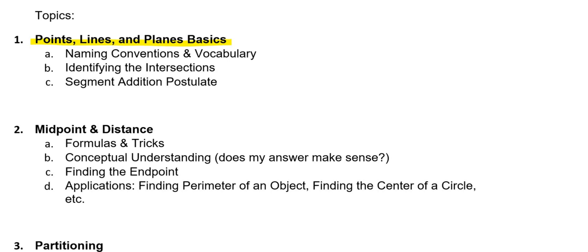You have to know the vocabulary. Additionally, you have to know what happens when these things intersect. So, identifying the intersections. Does it form a point? Does it form a line when they cross? And lastly, the segment addition postulate is a big concept in points, lines, and planes.